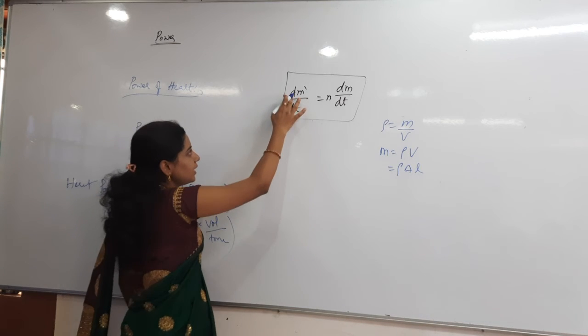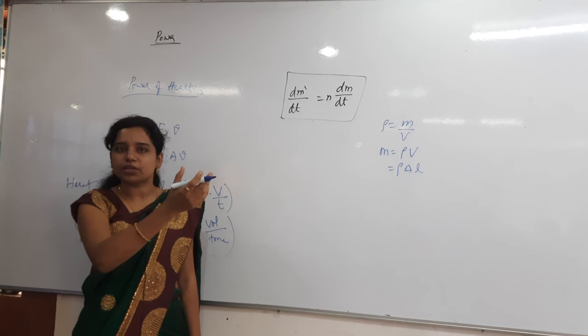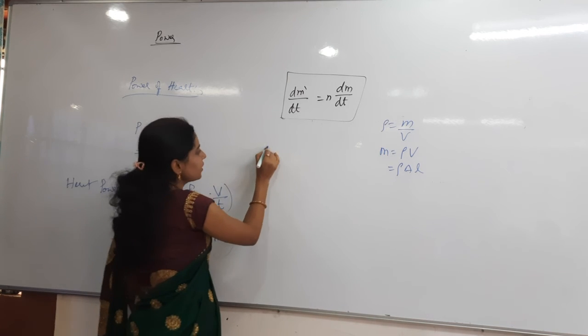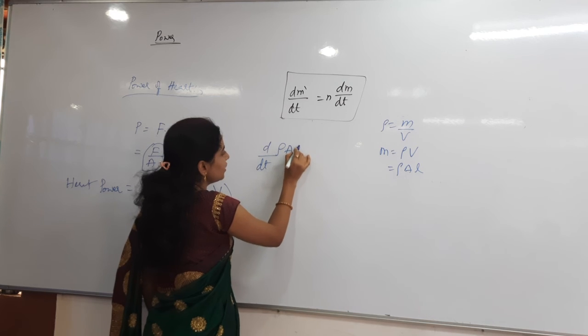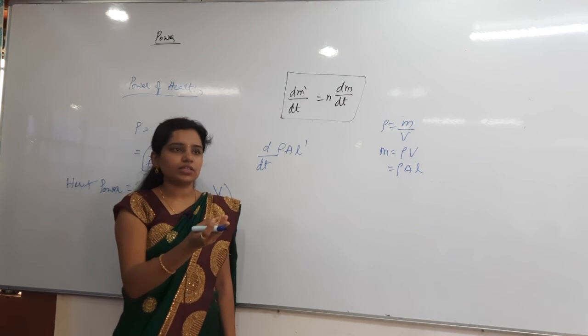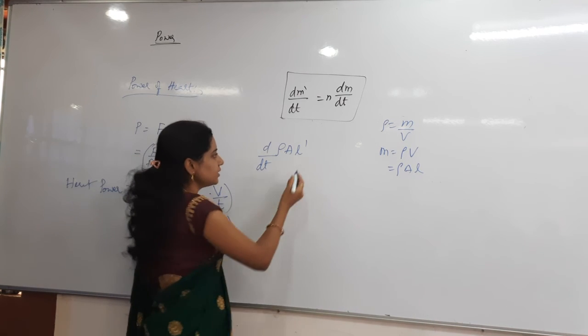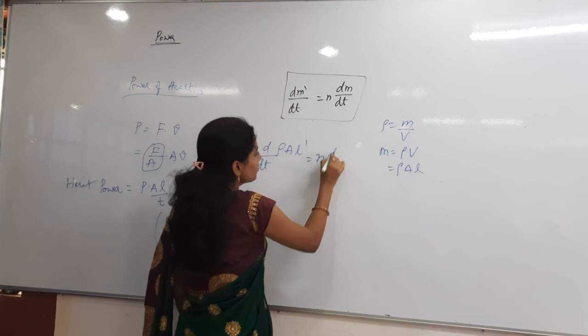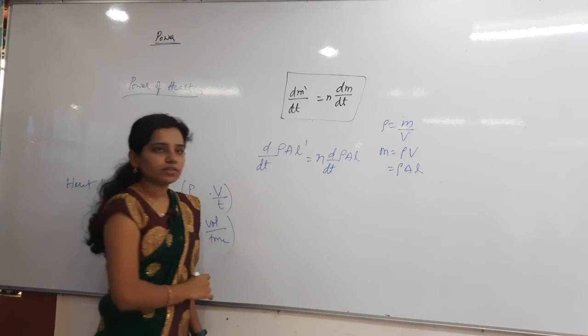So here dm dash by dt, m dash nothing but the final water coming out from the pipe, d by dt of m dash, I can write rho A into L dash. Same water only. Is there any change in the water? Nothing. Same area of the pipe only. So that rho A into L dash is equal to n into d by dt of simply what I can write here, rho A into L.